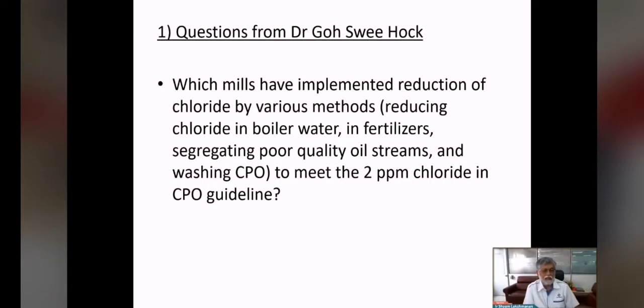In some cases, there is segregation of the Iabilica, but in some cases, it is all added in, and they can still achieve the 1 ppm chloride level in the CPO. And for your information, all the IOI mills in Sabah are investing in washing plants, which will be commissioned by end of this year.